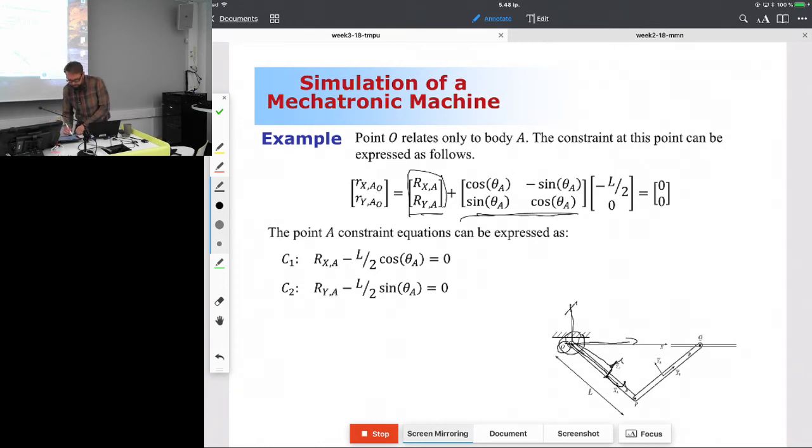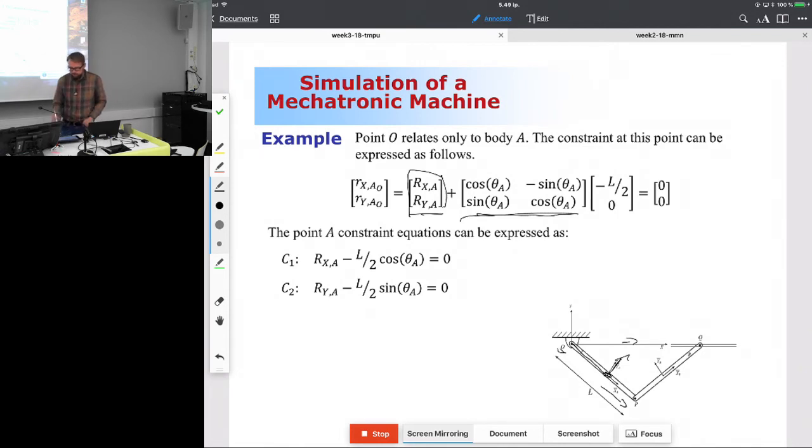Minus, because if you take a close look at this one here, the x-axis is pointing in this direction, and I have to travel from here to here. So that's why it's minus L divided by 2. In the y direction, how much do I have to travel? 0. What's going to be my constraint?